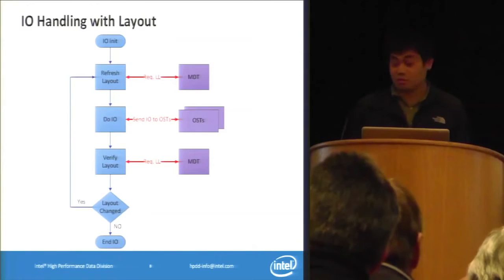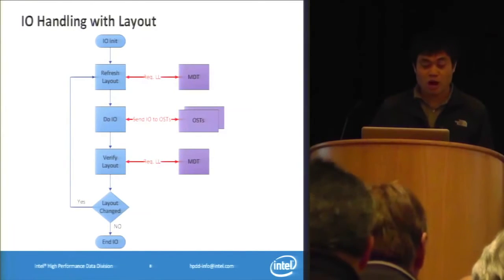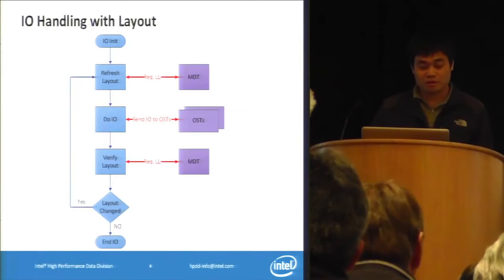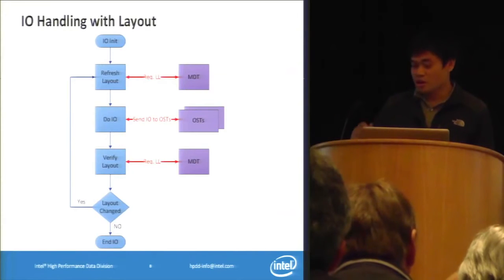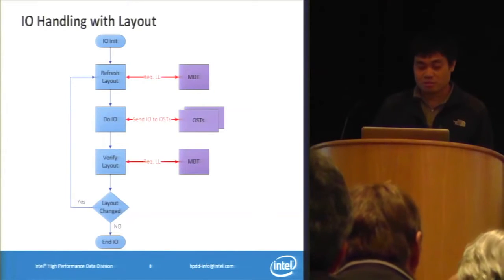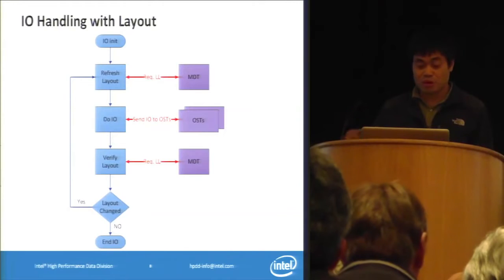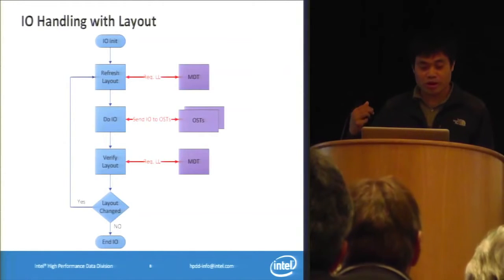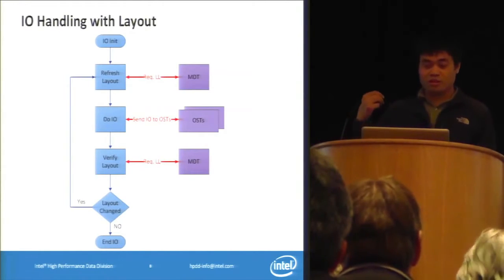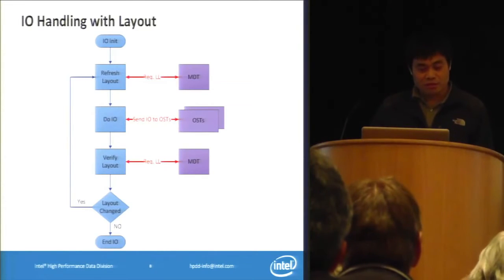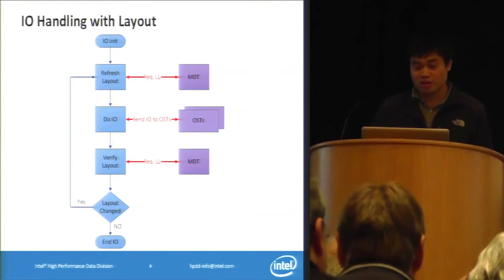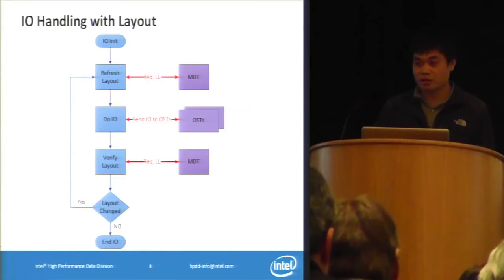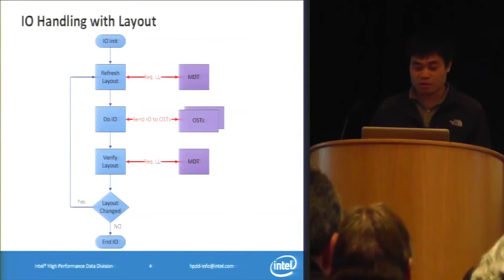Okay, so let's take a look at the I/O handling with the layout lock. First of all, I/O init, and then before actual I/O starts, we have to make sure the layout is correct. By doing this, first of all, we check if there's a correct layout lock on the client. If not, we have to talk to the MDT to request the layout lock and, of course, an up-to-date layout.